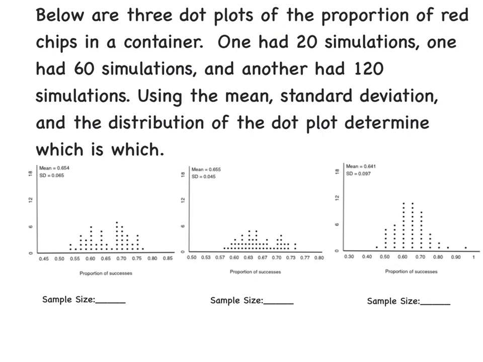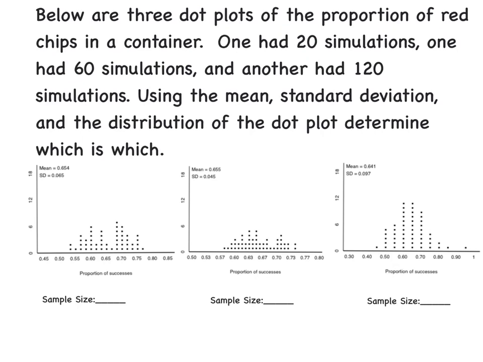And we're not sure how many of those 200 are actually red chips or not. So we did one simulation where we pulled out 20 chips and repeated it several times. Another simulation where our sample size was 60 and we repeated it a number of times. And then yet a third one where we pulled out 120, recorded each chip, put it back in, shook them, pulled out another, just like we did with the beans yesterday.